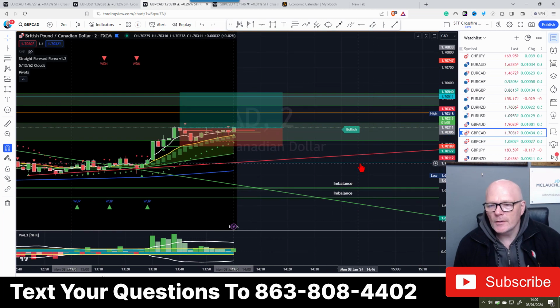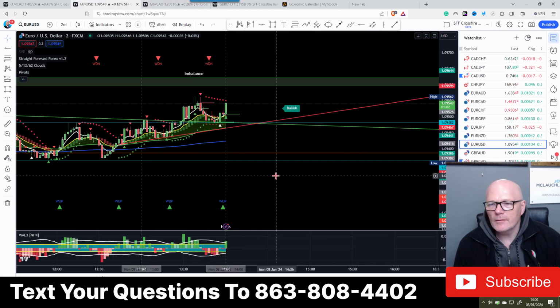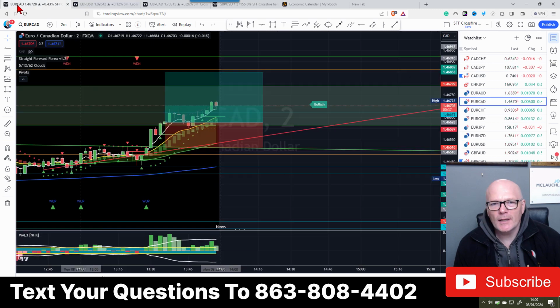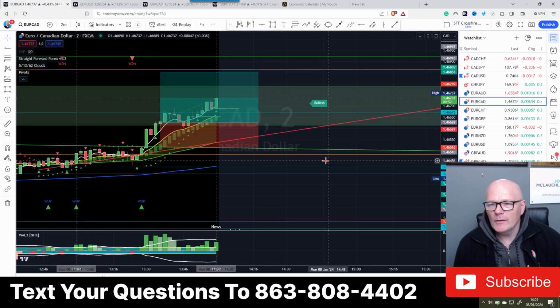GBP CAD is starting to make a very slight move up. Euro USD, again, a similar thing, moving up slightly, and we're still moving up on Euro CAD. So again, we'll just wait it out and see what happens.